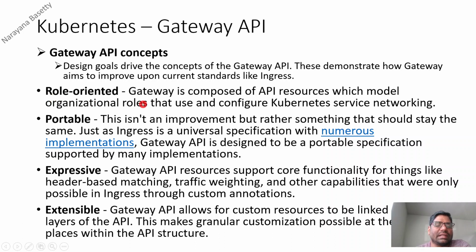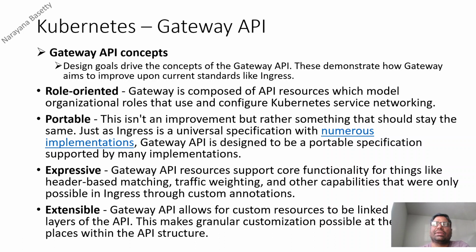Now you can see that there are 4 goals. Role-oriented: Gateway is comprised of API resources which model the organizational roles that use and configure Kubernetes service networking. This plays a very significant role in this design.